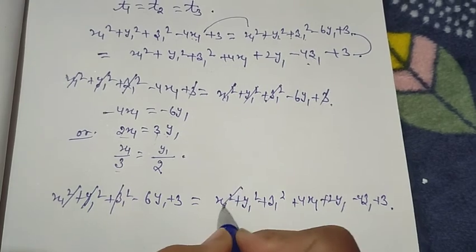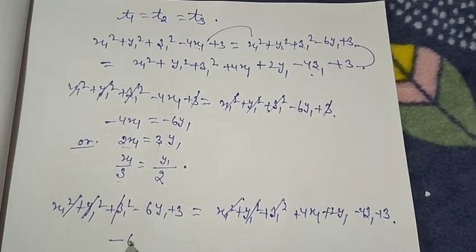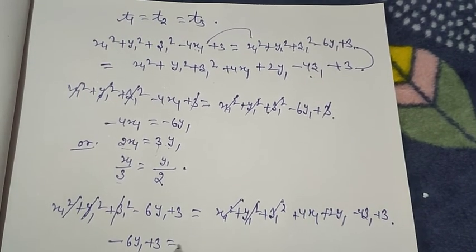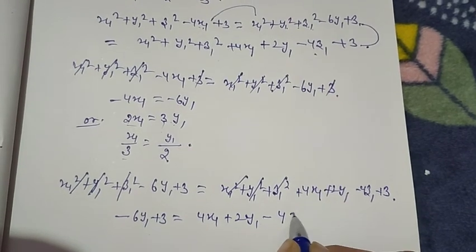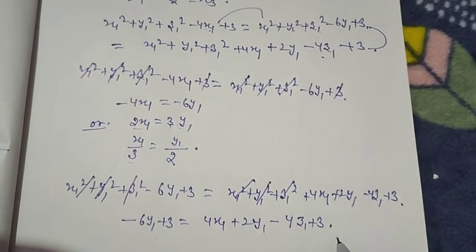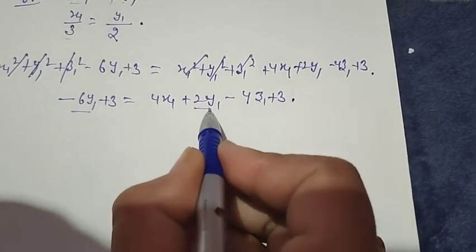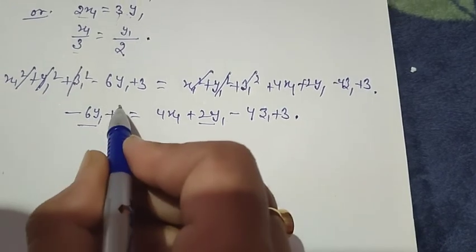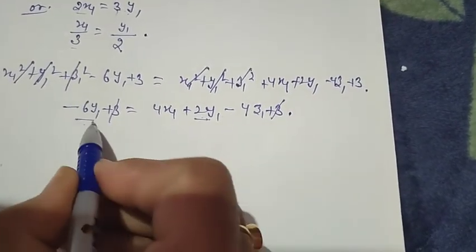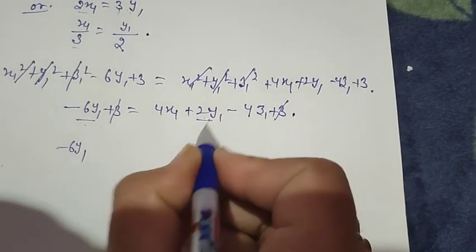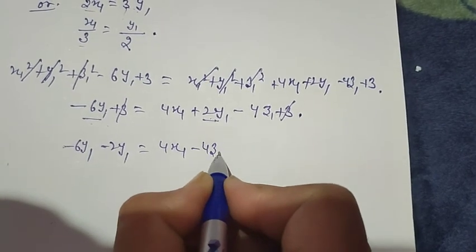The squares cancel out, so minus 6y1 plus 3 is equal to 4x1 plus 2y1 minus 4z1 plus 3. The 3 and 3 cancel out. Now we take 2y1 to the other side: minus 6y1 minus 2y1 is equal to 4x1 minus 4z1.